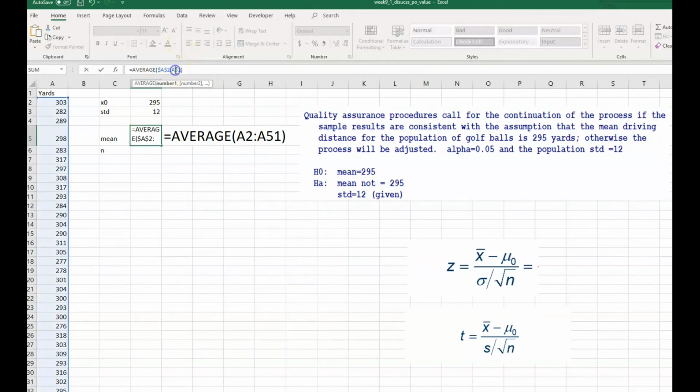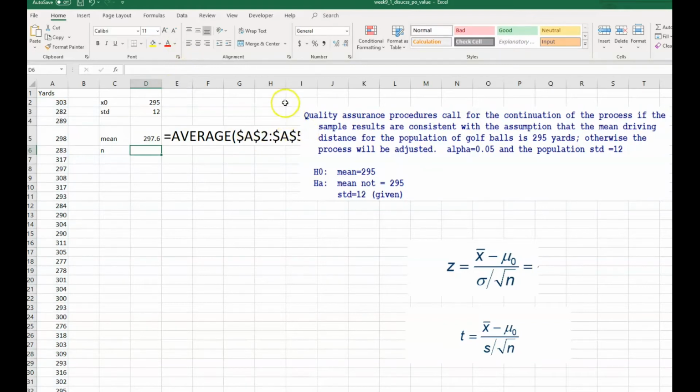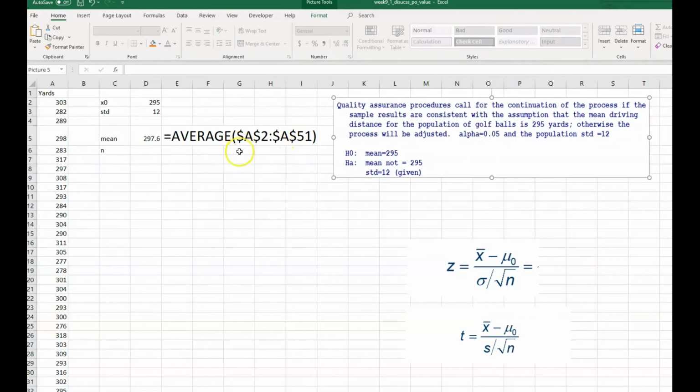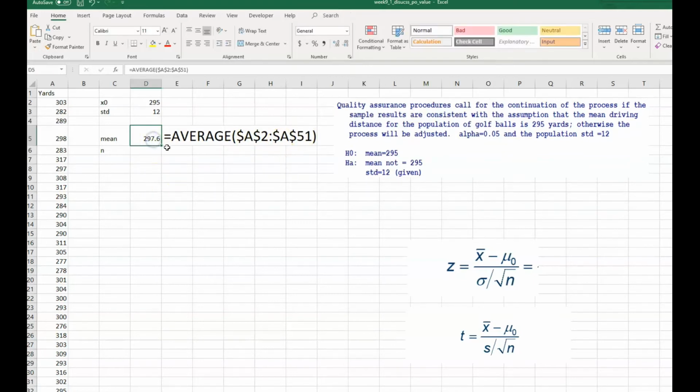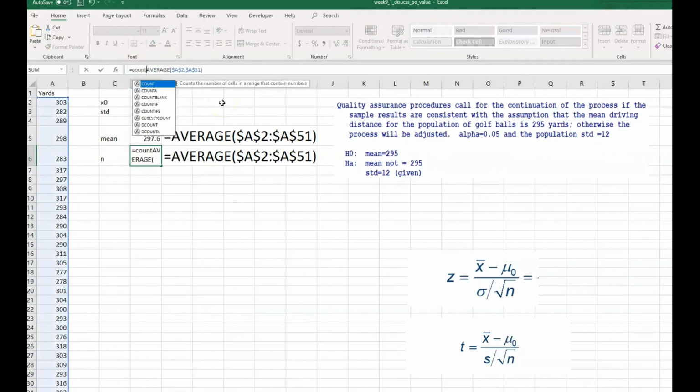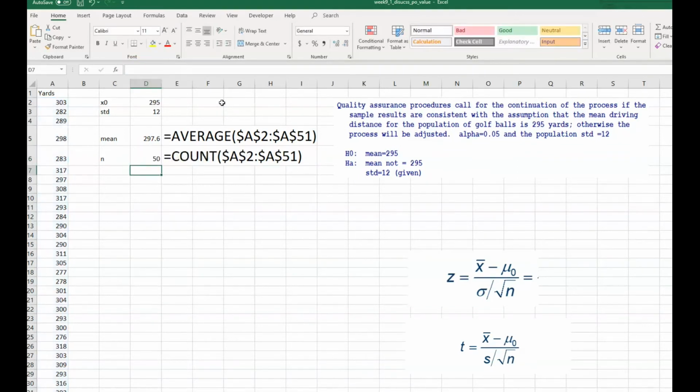A better way is to lock the cell, so $A$2:$A$51. I simply copy it. Instead of average, I can use count. So this is count. Alpha is 5%.